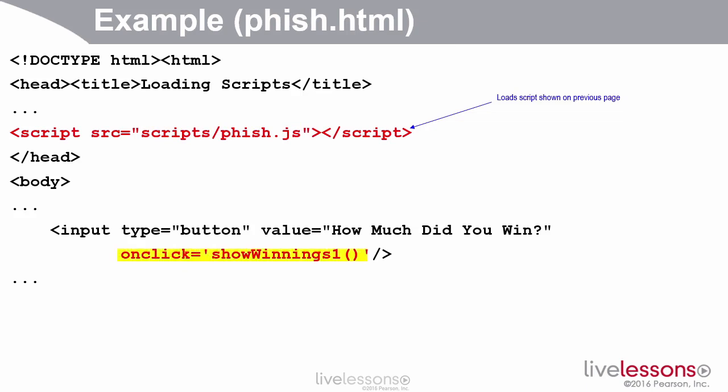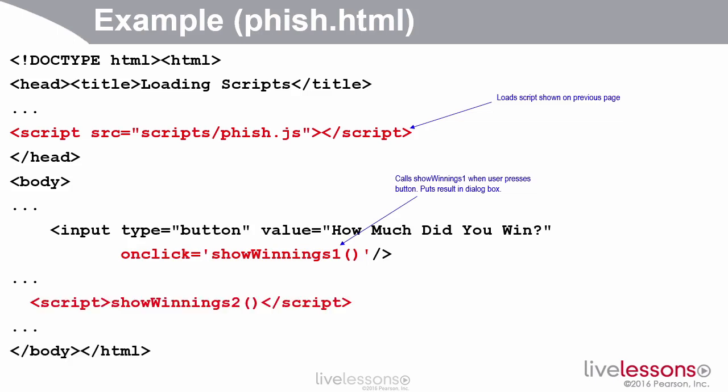This is something new, but we'll talk about it a lot more shortly. And this says, later on, after the page is displayed to the user, when the user clicks on this push button, run this JavaScript code. And if you recall from the previous slide, showWinnings1 pops up an alert box, a dialog box, and puts a string in it.